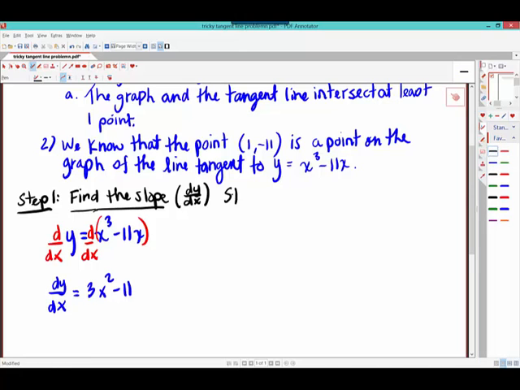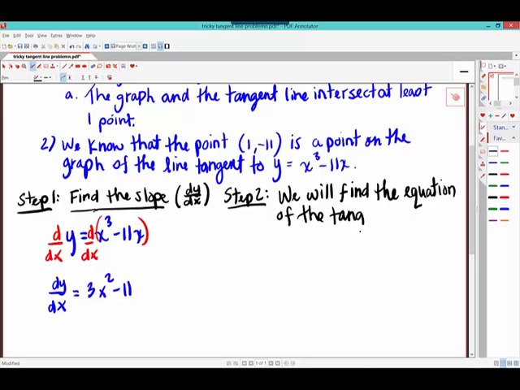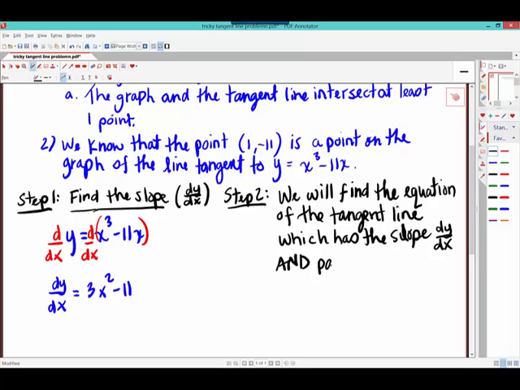Well, step 2, we will find the equation of the tangent line which has the slope dy/dx and passes through the ordered pair (1, -11).